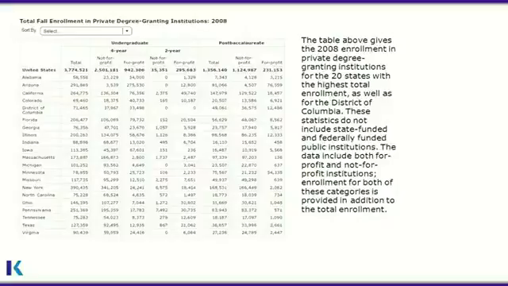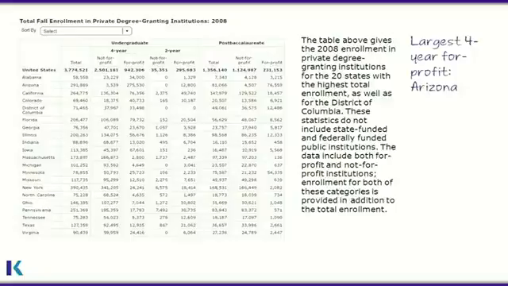Here it's easy to see that Arizona has the highest enrollment with 275,530 students. If you weren't able to see that at a glance, you can sort the table by the for-profit, 4-year undergraduate column. Now that you have the first piece of information, it's time to find the second. You now know that you're looking for information about Arizona.